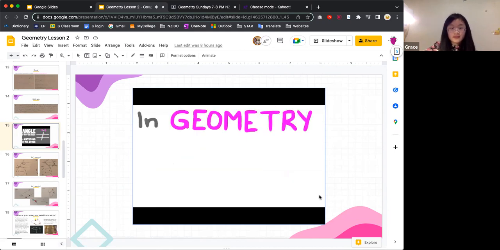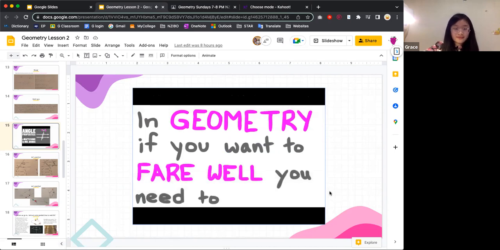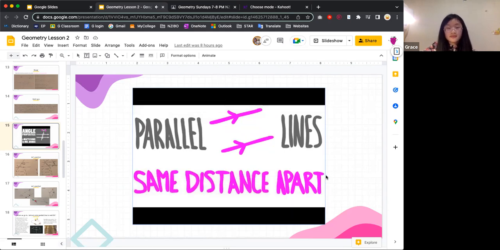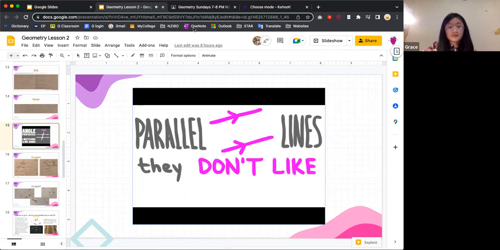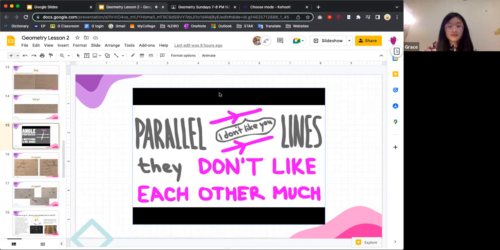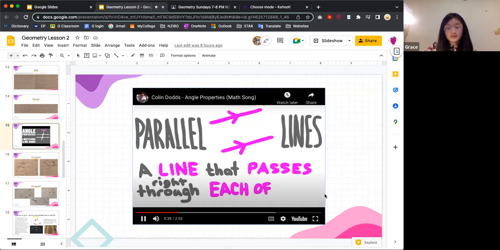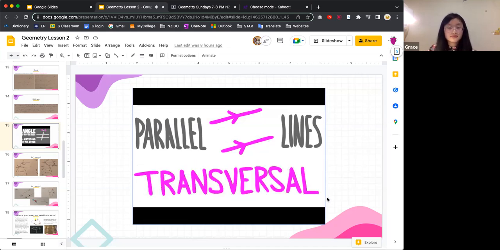In geometry, if you want to fare well, you need to know the parallel lines. They never touch, they're always the same distance apart. It's as if they don't like each other much, and there's only one thing that comes between them. Yes, a line that passes right through each of them. It's called the transversal, and it has several angle properties, just like these.